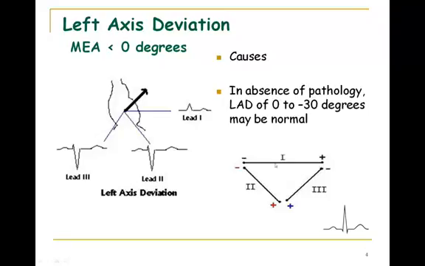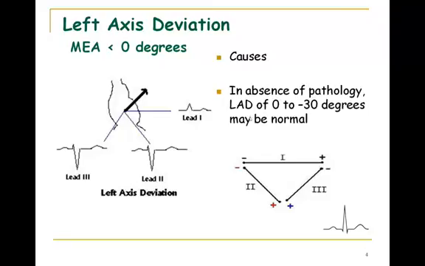But if you calculate someone's mean electrical axis and it's minus 20, don't say it's normal. It's still a left axis deviation. It may be a left axis deviation probably mainly just because of anatomical variation. That would be considered maybe normal. If you have a left axis deviation of minus 20 degrees and you got some other stuff going on, you got to tell me, left axis deviation as a result of blah, blah, blah.